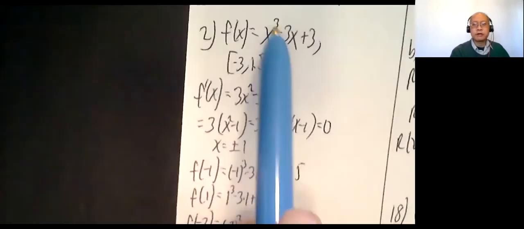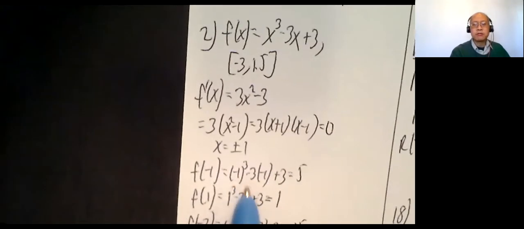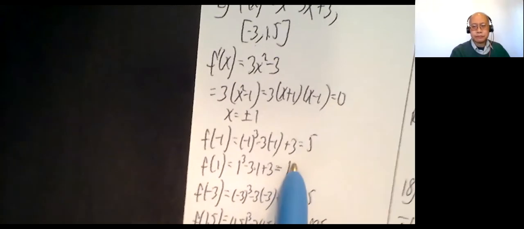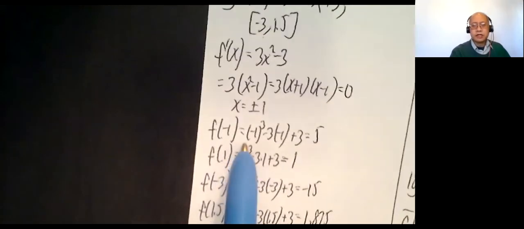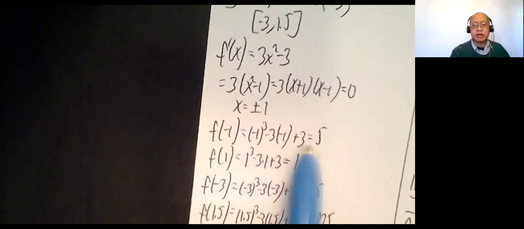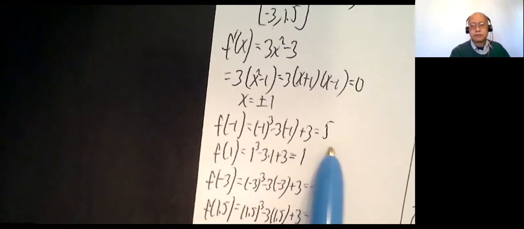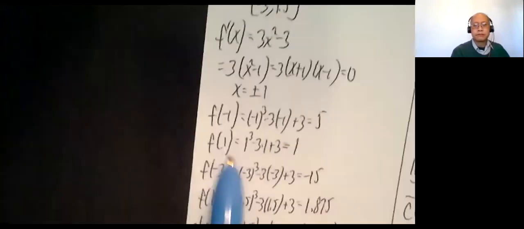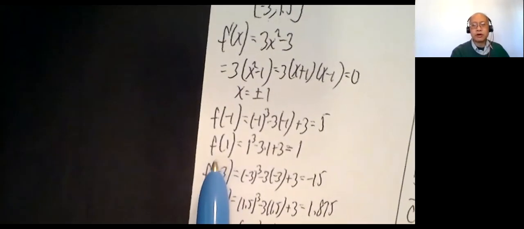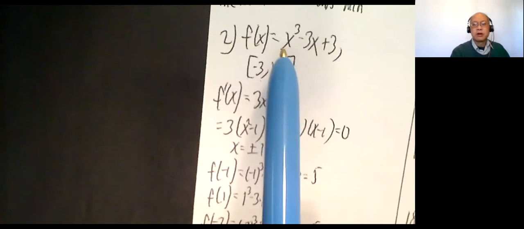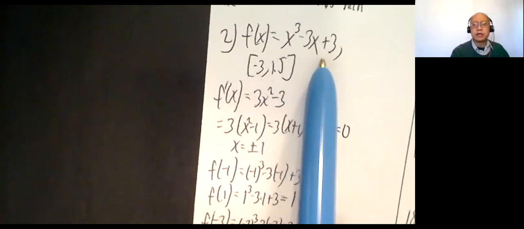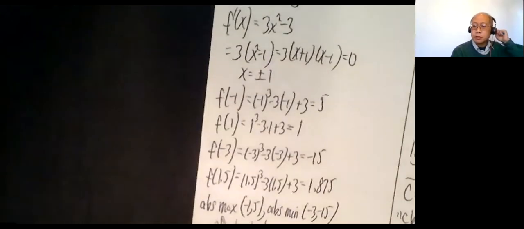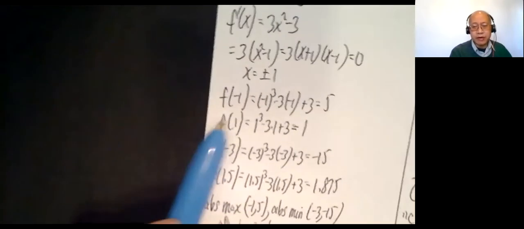But you plug in -1: -1 cubed minus 3 times -1 plus 3, which is -1 plus 3 plus 3, which is 5. Okay, so f of -1 is 5. Now I plug in +1 to the original. 1 minus 3 plus 3. 1 minus 3 plus 3 is 1. Okay, remember, when I write f, I'm giving a y coordinate.